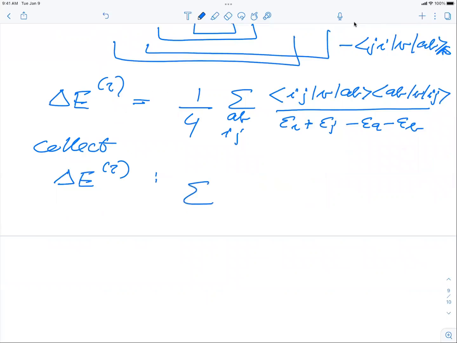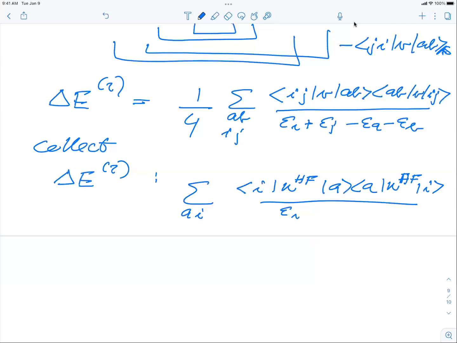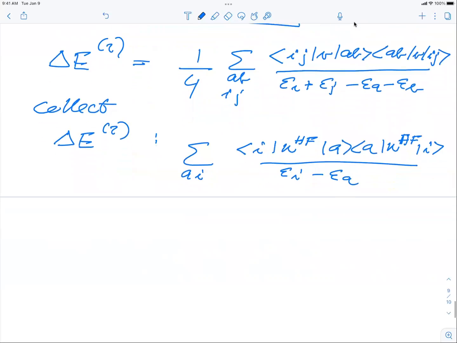So we have A of I, and then we have the matrix elements I of, and this is the U Hartree-Fock of A of U Hartree-Fock of I divided by epsilon I minus epsilon A. And then we have an additional term, 1 over 4. And then we have AB, IJ. And then we have the matrix elements IJ, V.